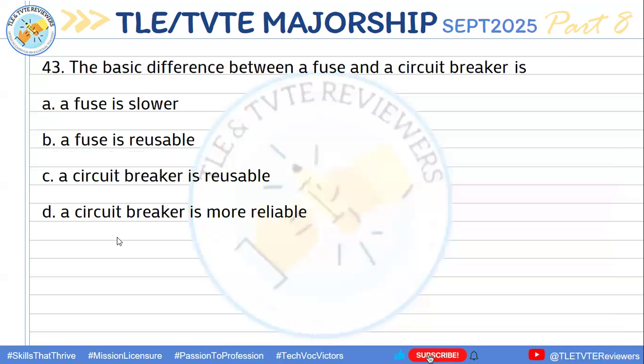Number 43, the basic difference between a fuse and a circuit breaker is it letter A, a fuse is slower, B, a fuse is reusable, C, a circuit breaker is reusable, or letter D, a circuit breaker is more reliable.